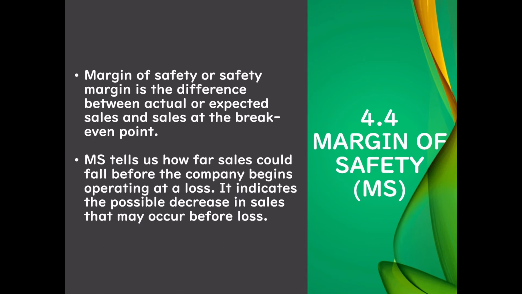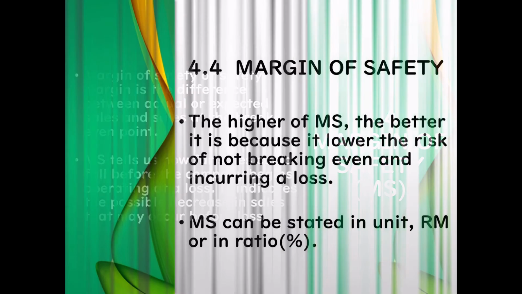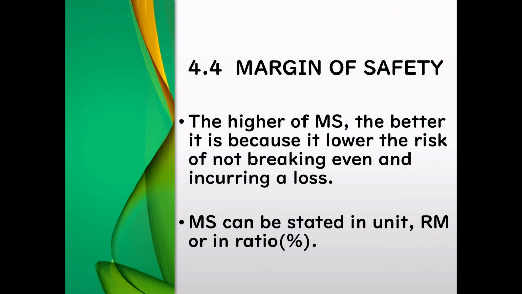It indicates the possible decrease in sales that may occur before loss. The higher the margin of safety, the better it is because it lowers the risk of not breaking even and incurring a loss. Margin of safety can be stated in unit, Ringgit Malaysia, or in ratio.